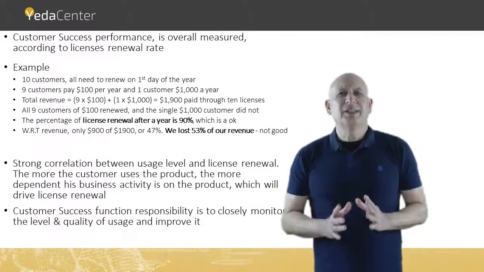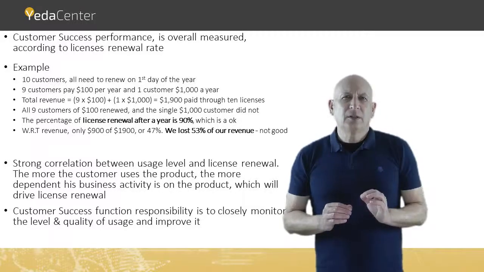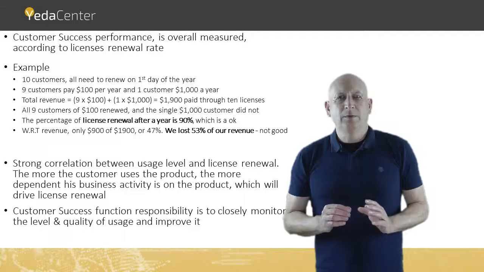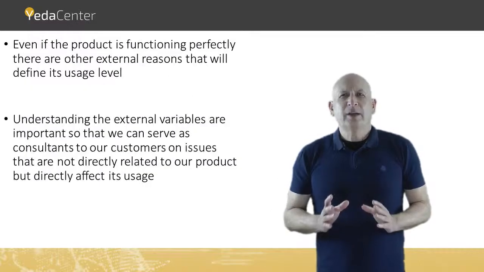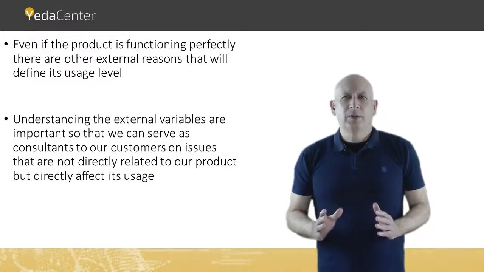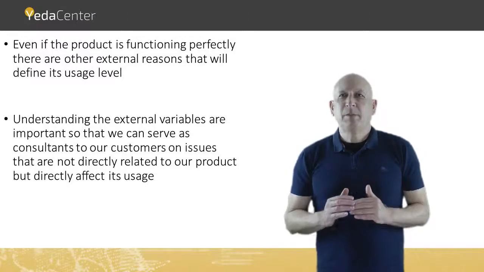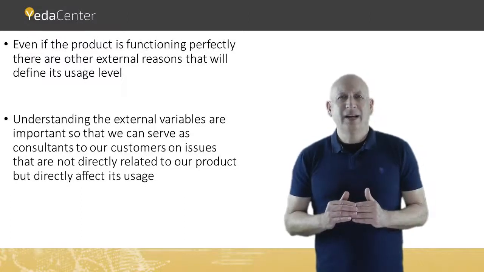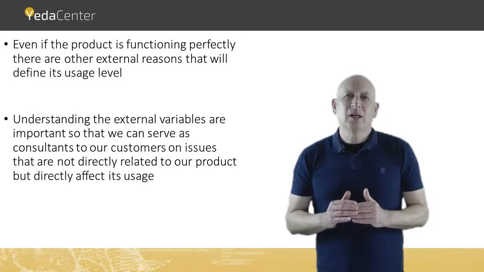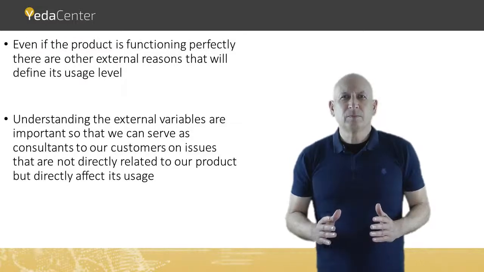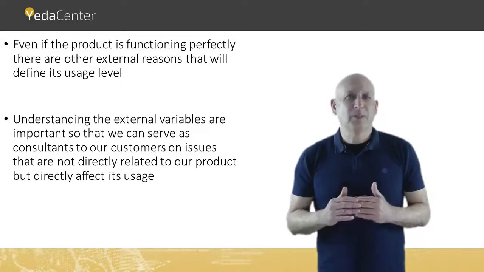So far it's relatively simple. There are other issues we need to be aware of. Our product can function great. The customer may be very happy, and still we can see a drop in usage, or low usage from the start.